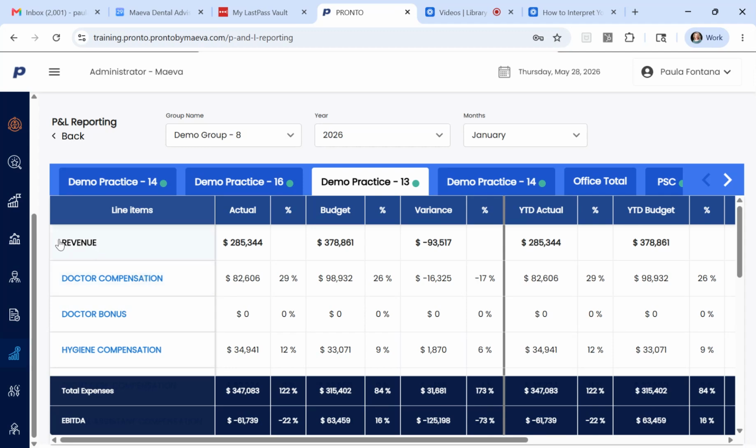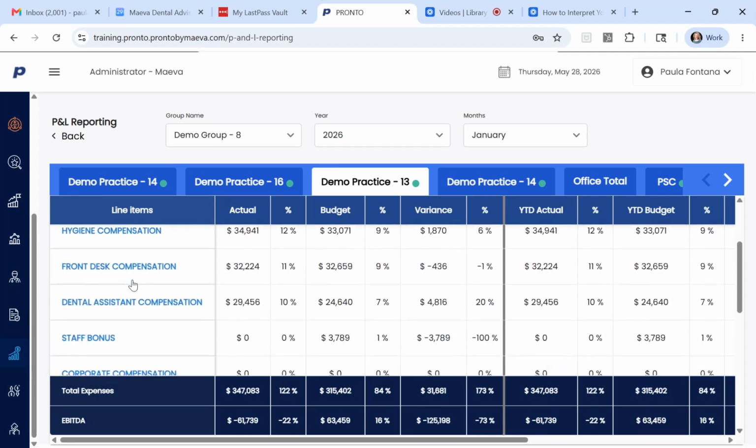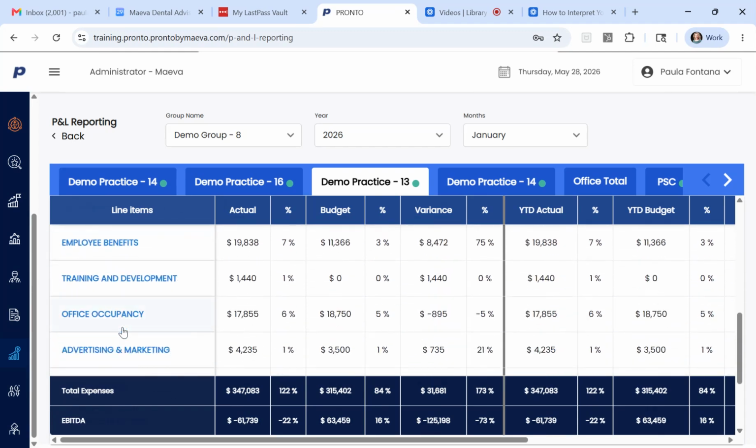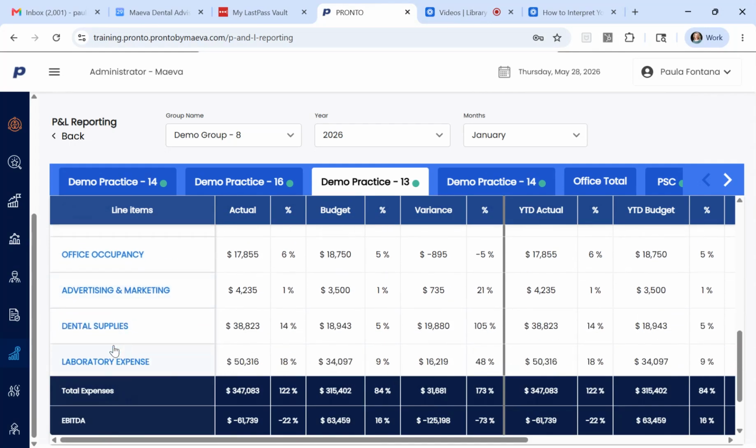Under line items, we see revenue. We see things like doctor comp, staff bonus, doctor benefits, office occupancy, advertising and marketing, dental supplies. These are all the categories of expenses that are associated with running your business.